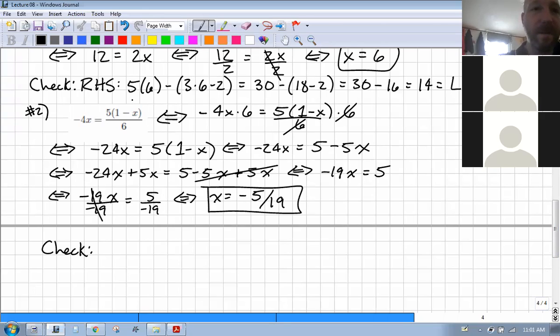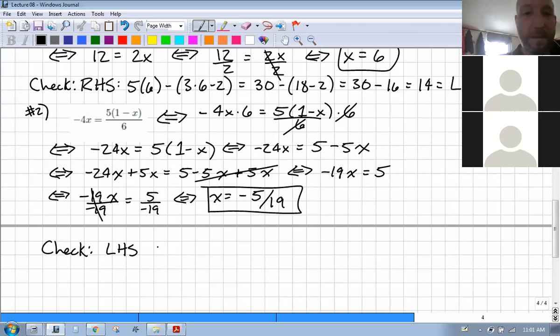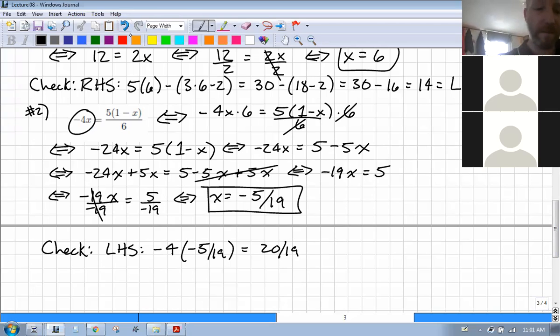Our left-hand side is negative 4 times negative 5/19. That's a positive 20/19. All right, that's the left-hand side.